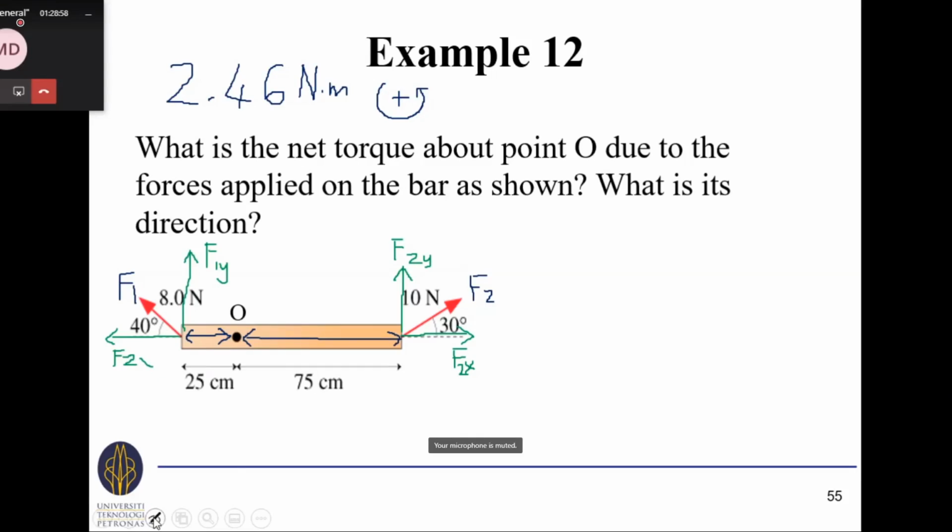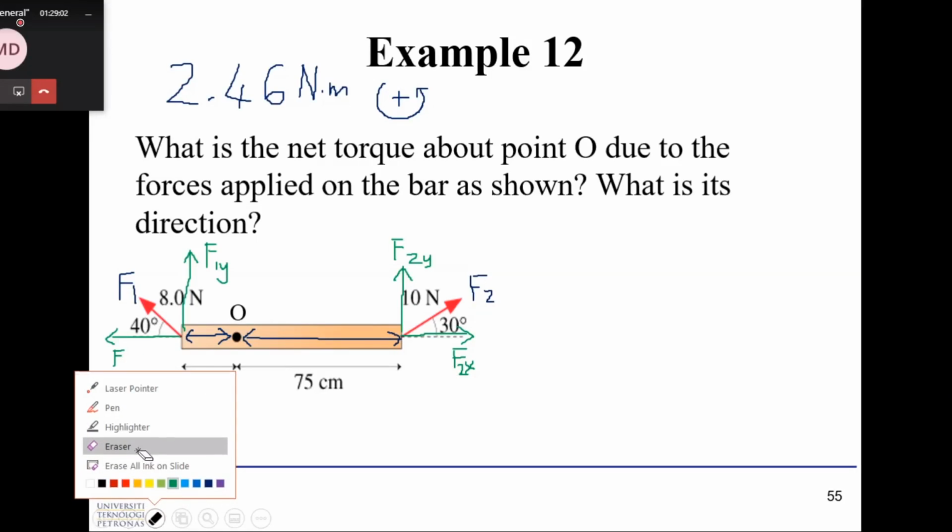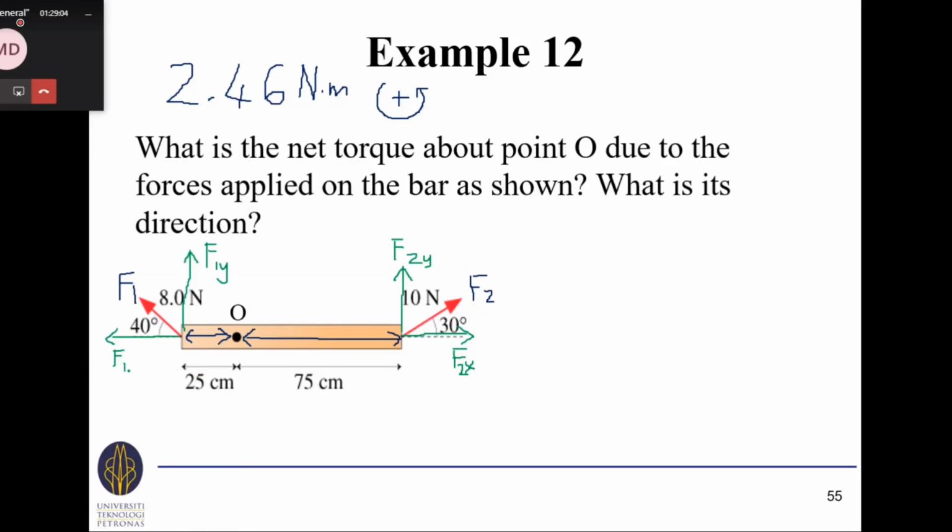So between F1x and F1y, which one will contribute to the rotational motion? And if they contribute to the rotational motion, will it make clockwise motion or counterclockwise motion? And then proceed with the summation of torque.